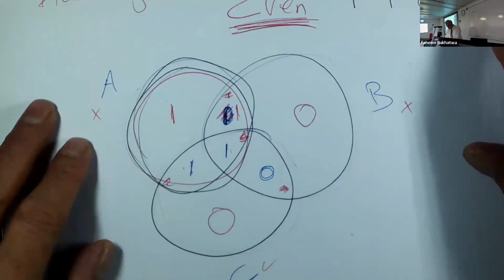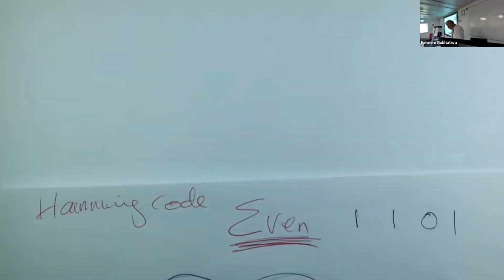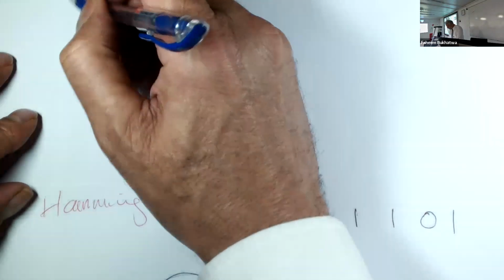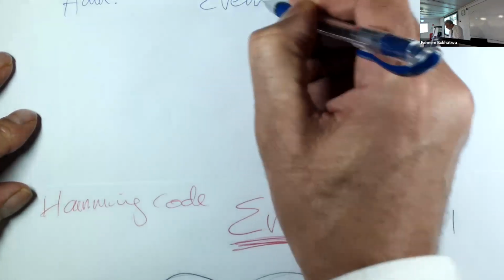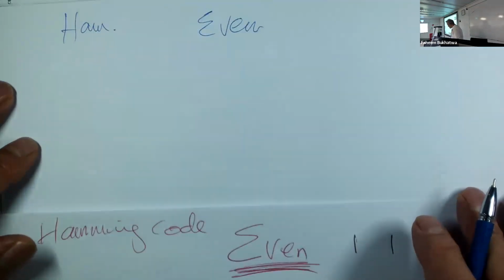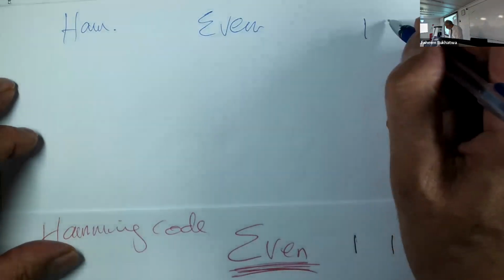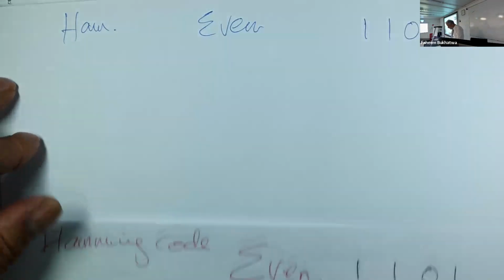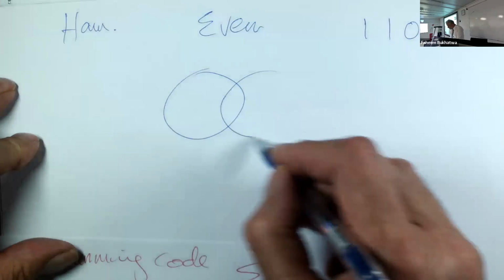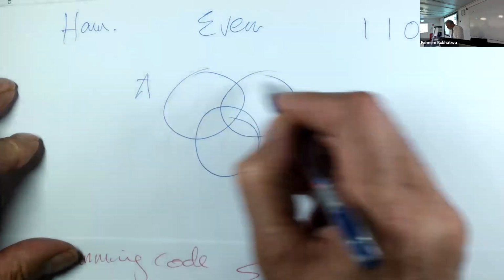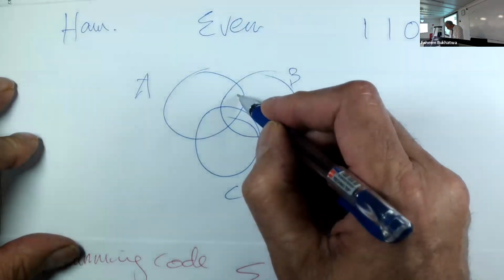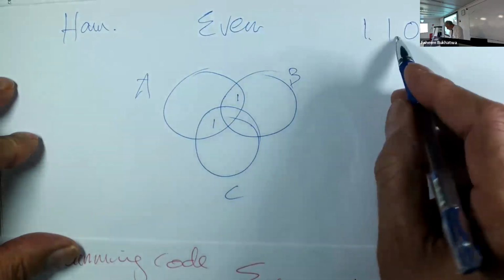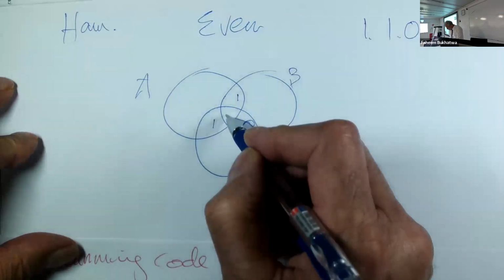All right? Which is good and easy to do. So I'm going to do it one more time with an error. Same thing, Hamming code, using an even parity, and we're sending the same data 1, 1, 0, 1, and there are 3 groups A, B, and C. The sender sent 1, 1, 0, and 1.